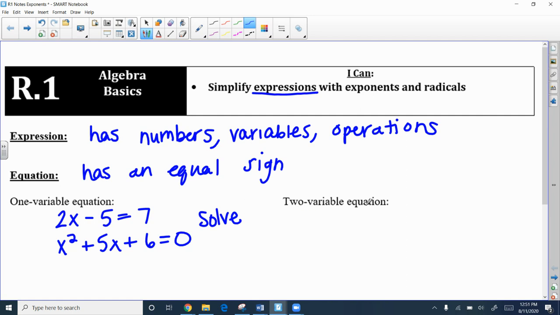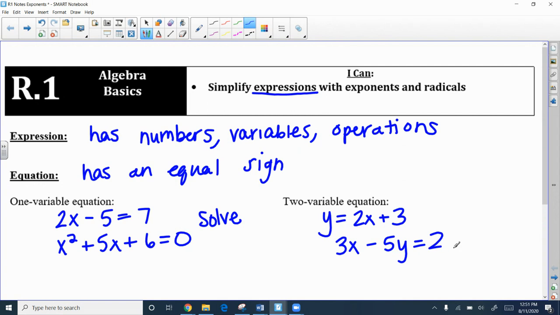Now later in unit 2, we'll also see two variable equations. So those would be equations that have two variables. Often they have x and y. So something like y equals 2x plus 3, that would be a two variable equation. It has an equal sign and it also has an x and a y. Or even something like 3x minus 5y equals 2.